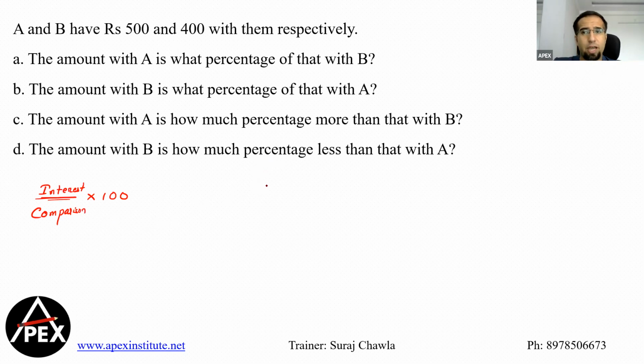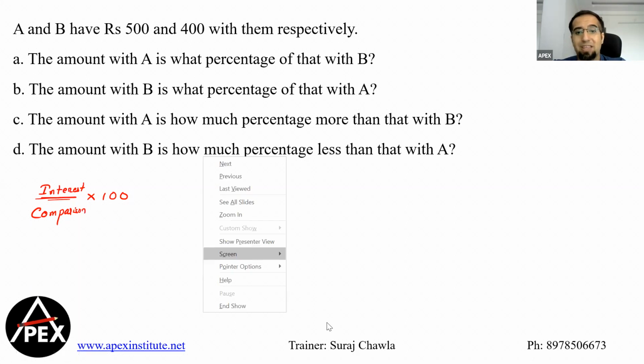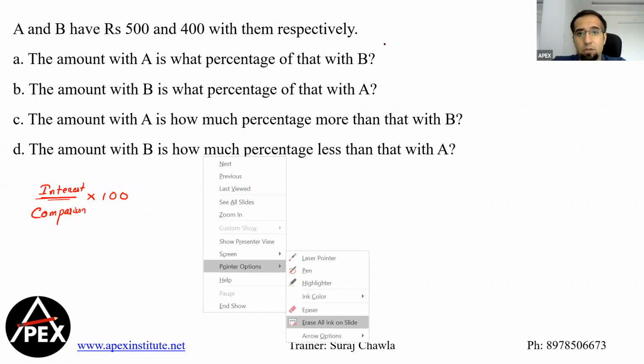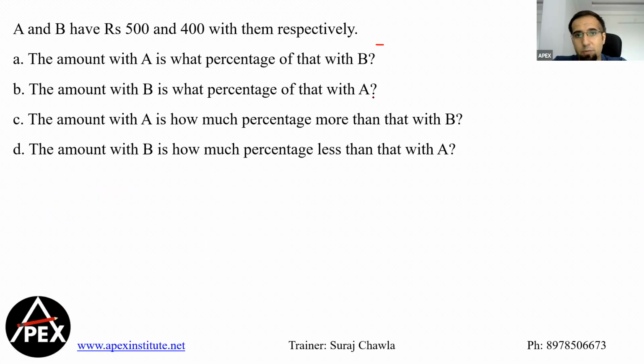Therefore, whenever we have to calculate percentage, as I told you, there are three types of questions that will be asked. First type is question number A and B, and the second type is question number B and C. Let's try to understand how we calculate. The amount with A is what percentage of that with B. So can I say I am interested in the amount of A?